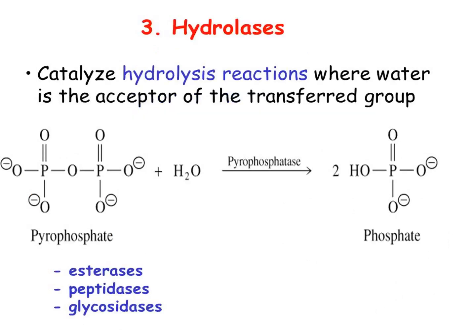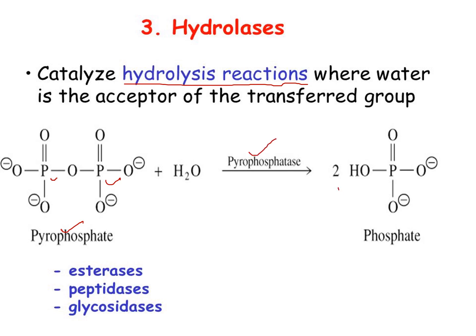The next one is the hydrolases. As I already mentioned, these are the enzymes which catalyze the hydrolysis reactions. Here you can see pyrophosphate which has 2 phosphate groups, and this pyrophosphate is getting hydrolyzed with the help of pyrophosphatase enzyme, and it is getting converted into 2 phosphate groups.